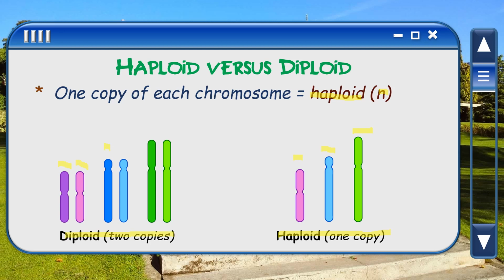If it becomes one copy of each chromosome, we refer to those as haploid.